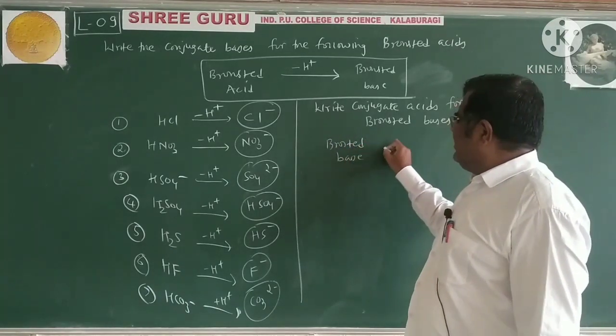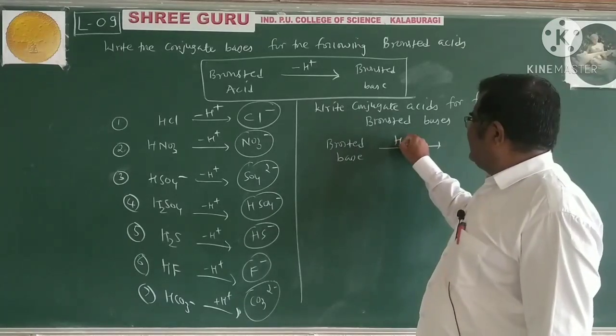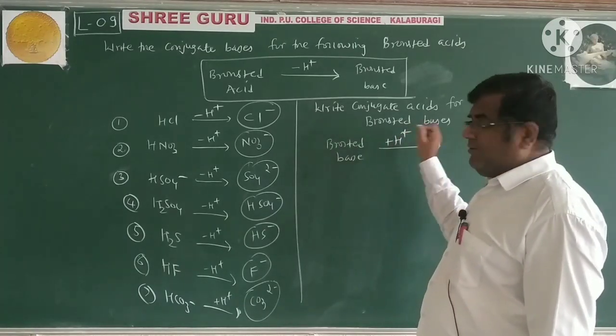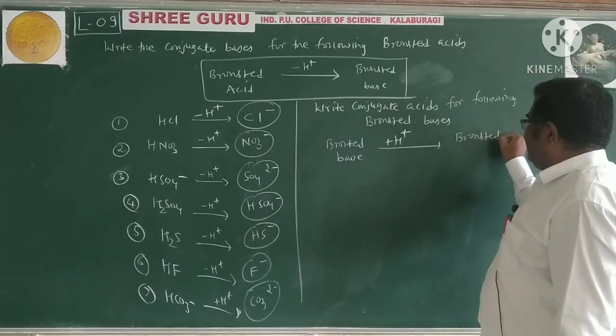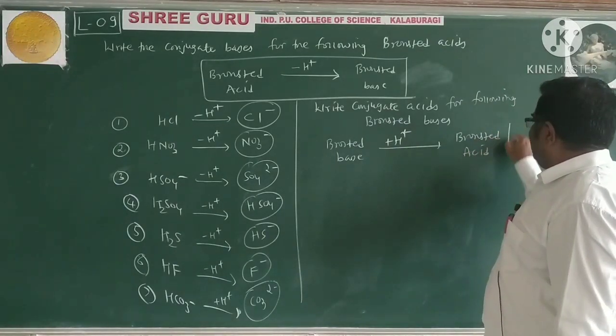So Bronsted base, add an H plus ion to it, and we get the Bronsted acid.